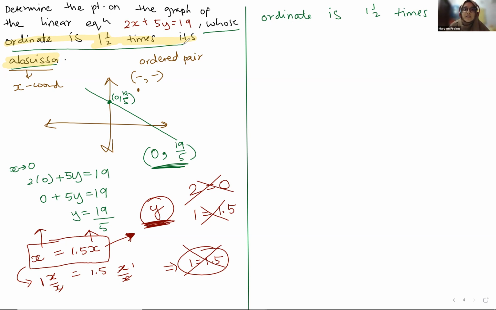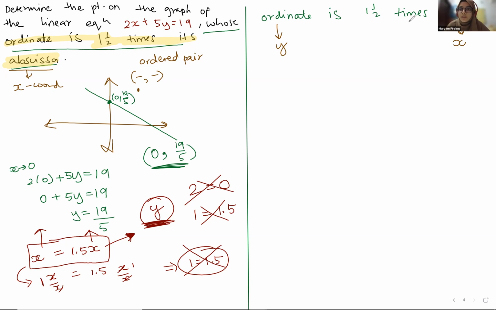What is the translation in maths language for ordinate? Ma'am, y. Y coordinate, yes. So y. What is the translation for abscissa? X coordinate.